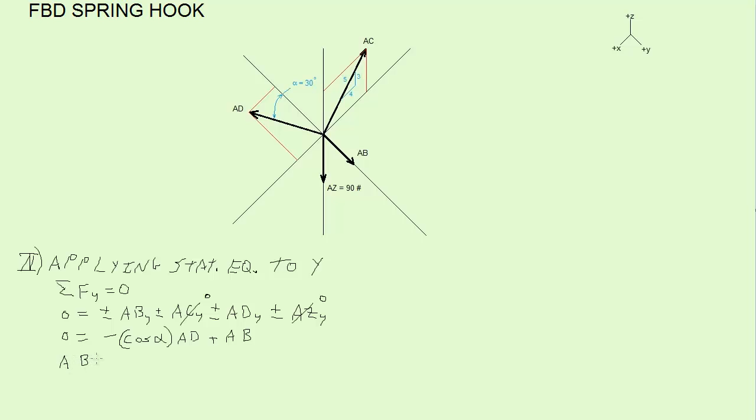So AB equals cosine alpha times AD, and AB equals cosine 30 times AD, and AD was once again bringing the sign along, a positive 240.000 pounds, which means that AB is a positive 207.846 pounds. So at this point in time, we know the value of the force in AB.